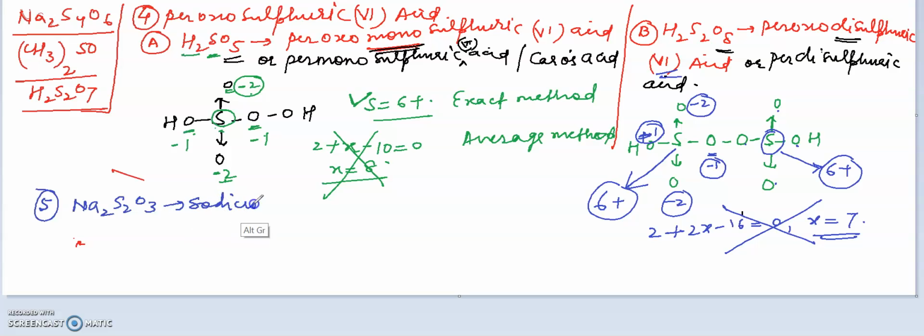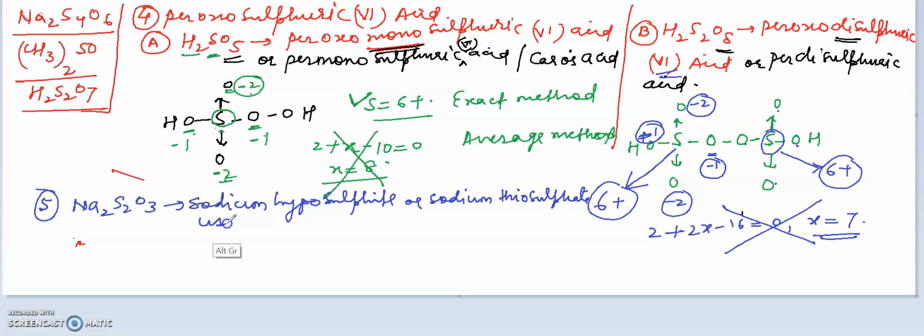Sodium hyposulfite or sodium thiosulfate. It is used in photography. It is hypo solution and used in photography.